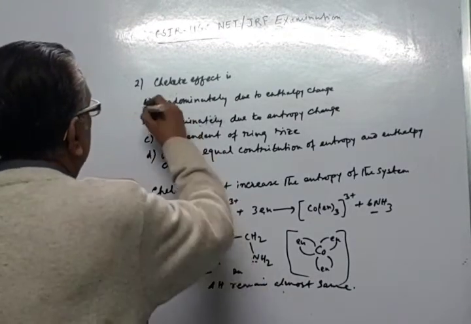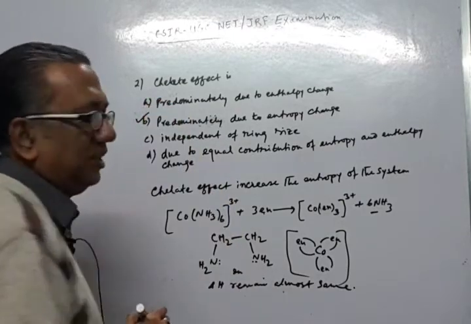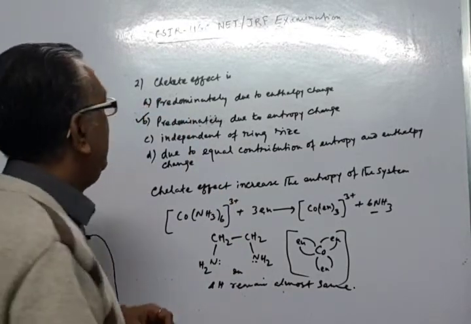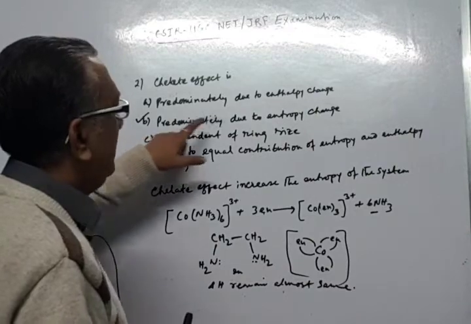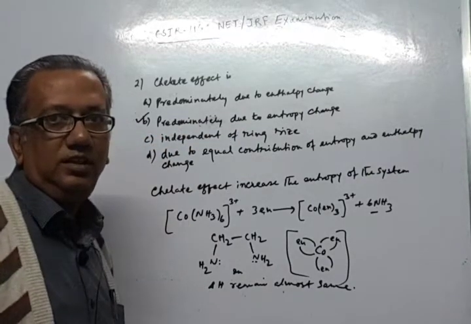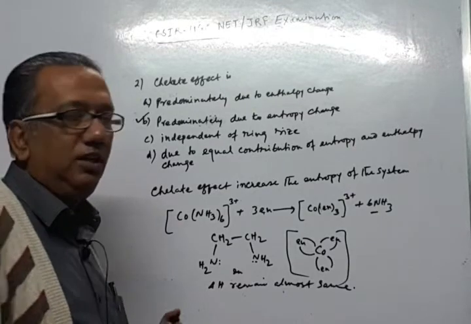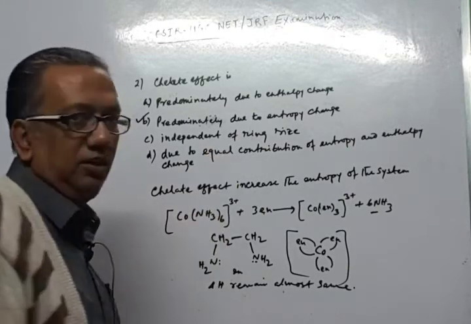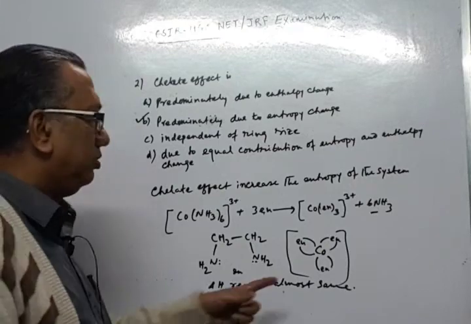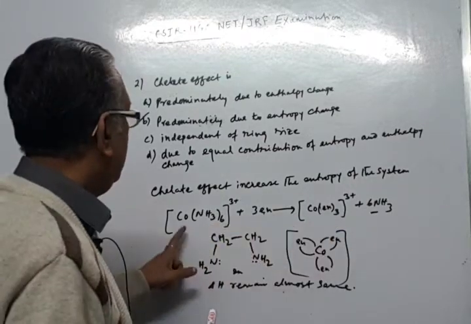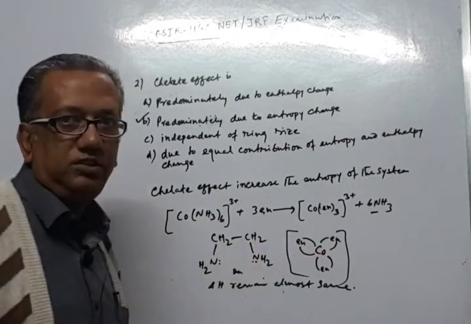So option B is correct. So predominantly due to chelation, entropy is increasing, and for a spontaneous process the entropy change must be positive. So as the entropy is increasing, this is a favorable process.